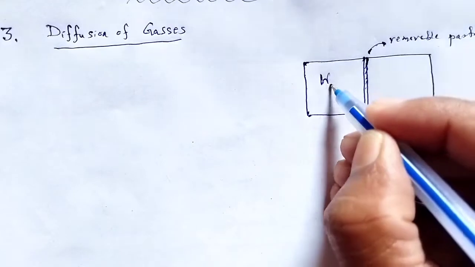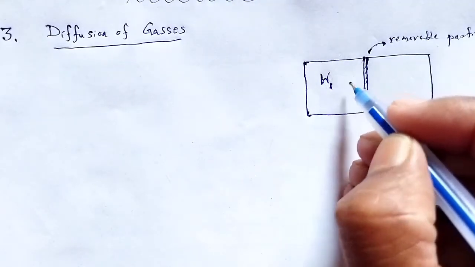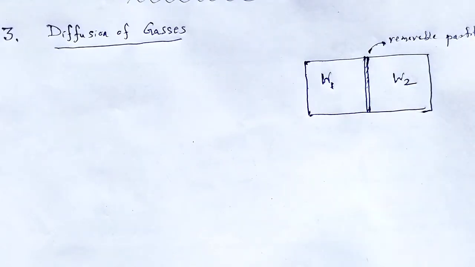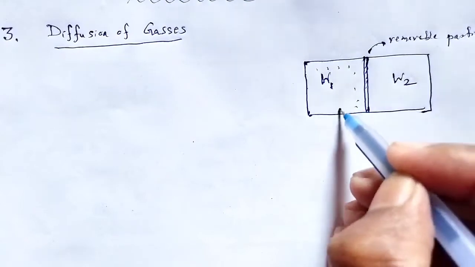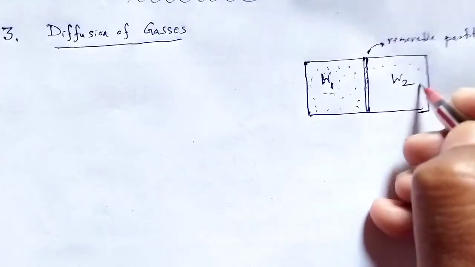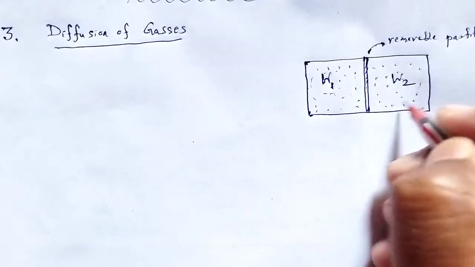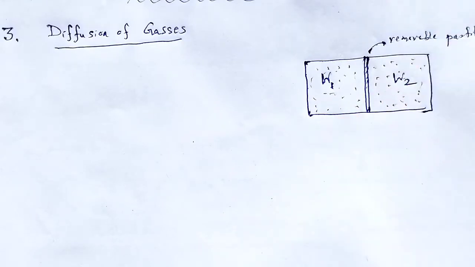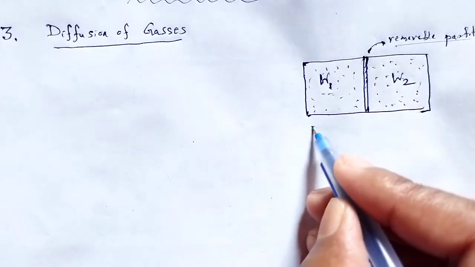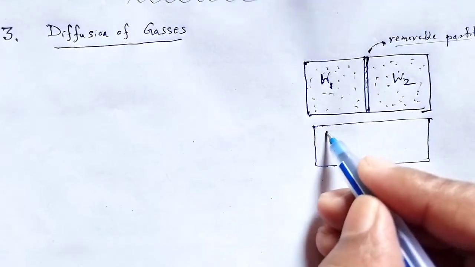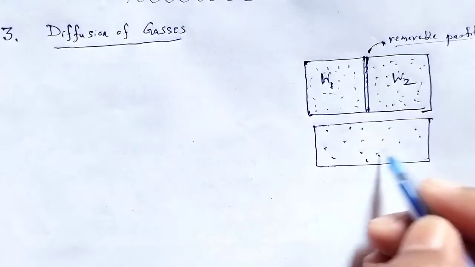Let W1 be the thermodynamic probability of partition 1, and W2 be the thermodynamic probability of partition 2. Now, if we remove that partition, the gases are combined.